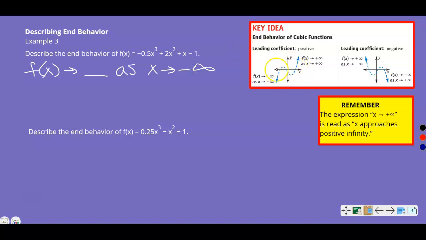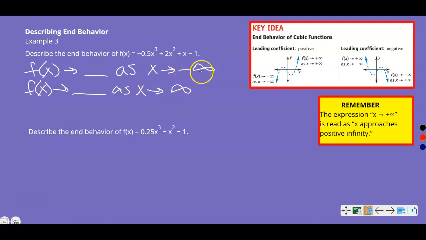Because this is your x-axis, and if you go to the left, that's going towards negative infinity for x. And then f of x approaches what as x goes to positive infinity? That means it's going to the right. Again, x is your horizontal axis. If you go from 0 to the right side of your graph, that is going towards positive infinity.